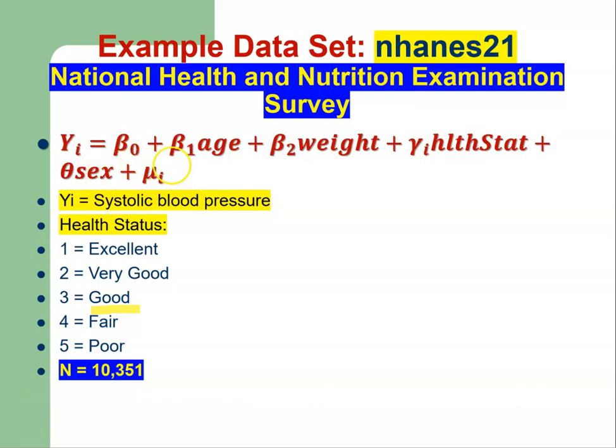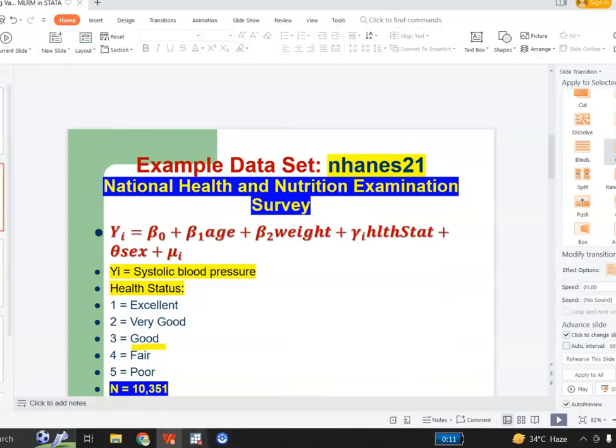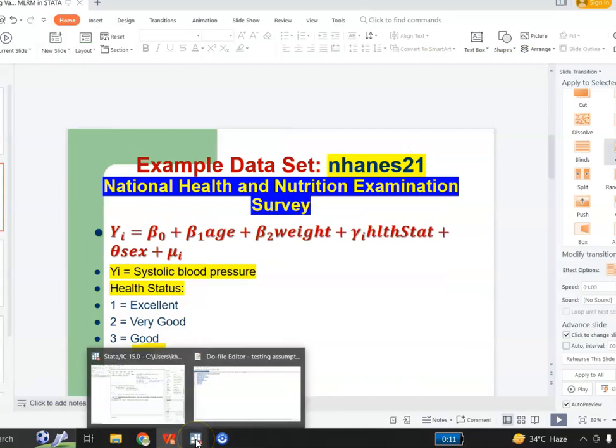So there are four independent variables in this model. Two are continuous and two are categorical or indicator variables. My dependent variable is still systolic blood pressure, health categories are again 5, and the sample size is 10,351.